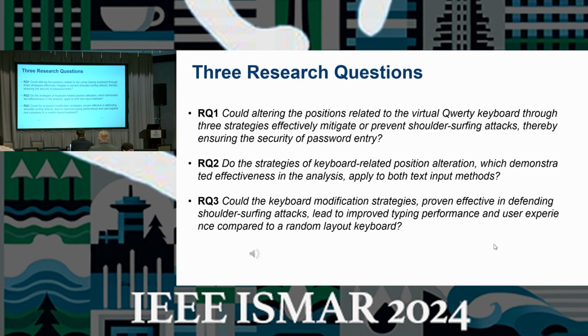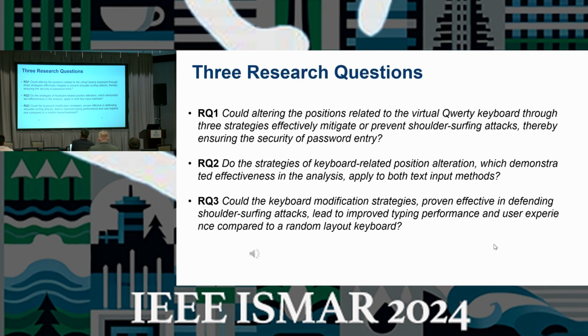Do the strategies of keyboard-related position alteration, which demonstrated effectiveness in the analysis, apply to both text entry methods? Could the keyboard modification strategies prove effective in defending against shoulder-surfing attacks, while improving the typing performance and user experience compared to a random layout keyboard?